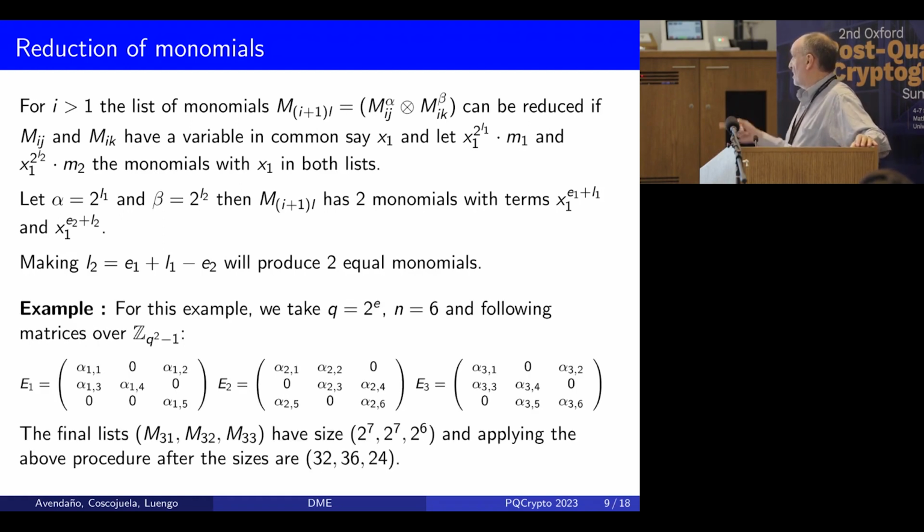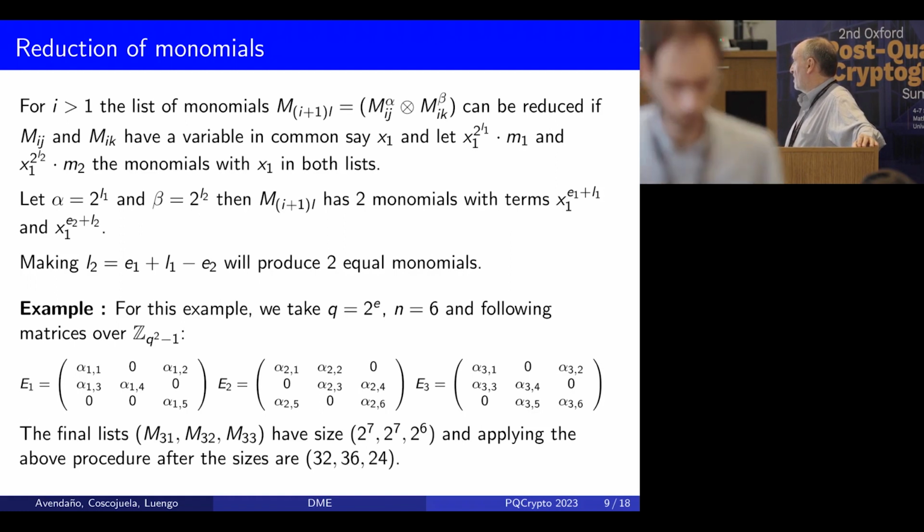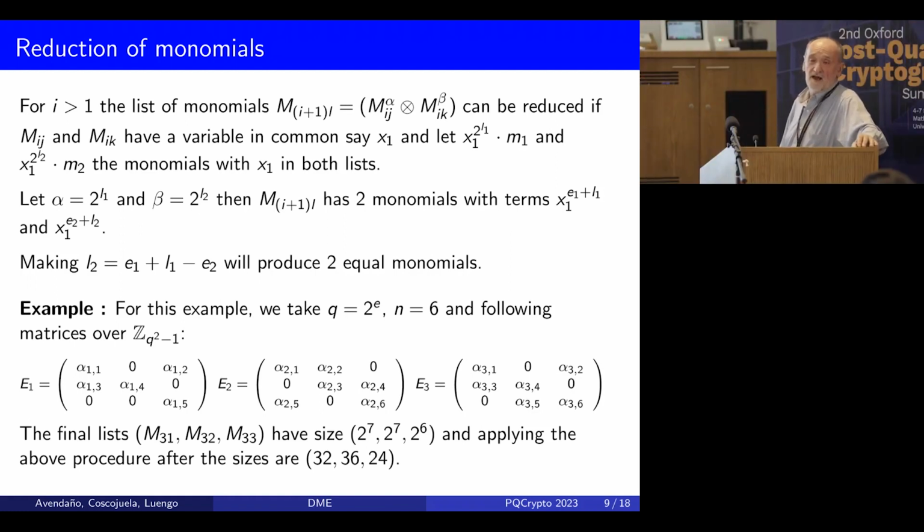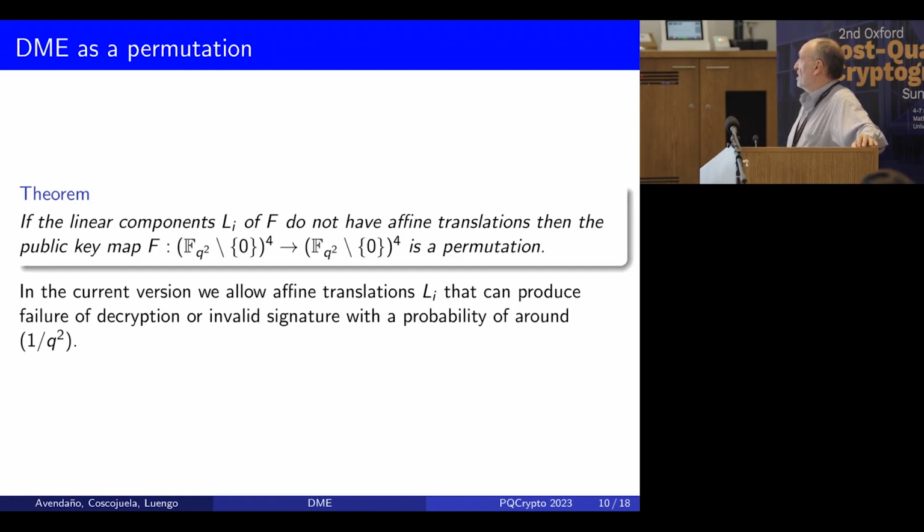We apply this with only two linear conditions in the exponent. We can apply it only to the second and the third exponentiation, not the first, and we pass from the final number of monomials to 7, 7, 6, 30, 32, 36, 34. So there is really a huge reduction of monomials.